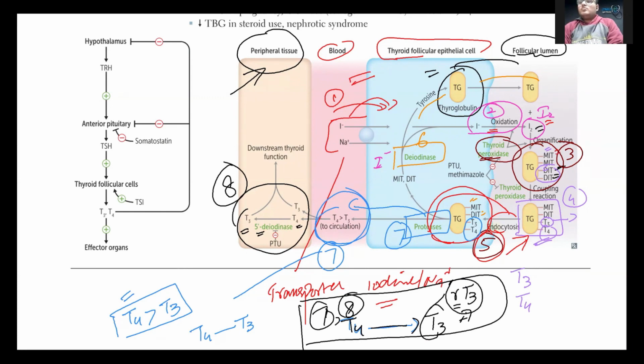The fourth concept is the coupling reaction, when mono and di attach to one another and make T3 and T4. The fifth concept is endocytosis of T3 and T4. The sixth concept is deiodination and recycling of thyroglobulin. The seventh concept is the action of proteases and the release of T4 and T3 into the blood circulation. The eighth concept is peripheral conversion of T4 to T3 under the influence of 5-deiodinase. And the last concept is that when T4 is converted to T3, there is also formation of reverse T3, which has significance in euthyroid sick syndrome, which we will study next.